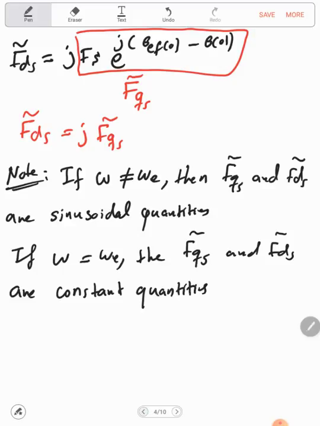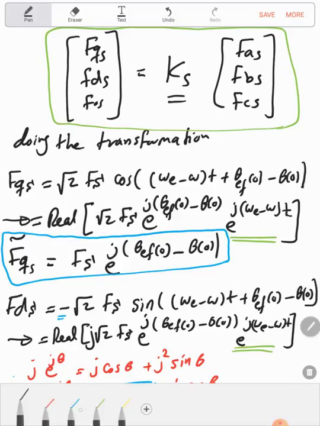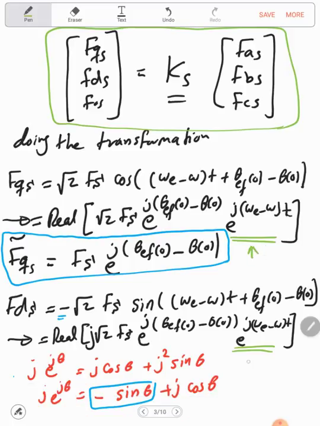And simply this can be understood from the representation here and here. The time dependency is in this term, and this term will equal 0 if and only if the reference frame is rotating at a speed equal to omega e. So simply this exponential j omega e minus omega t will equal 1 if and only if omega is equal to omega e.